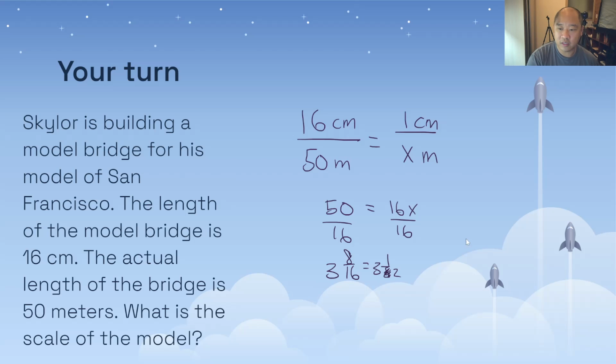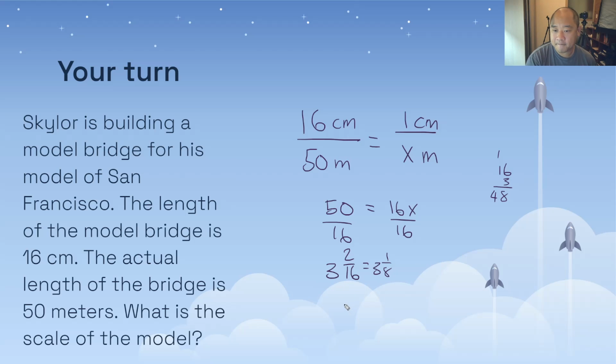Wait a second now. 16 times 3 is 48, and the remainder 2 over 16 is 1/8.